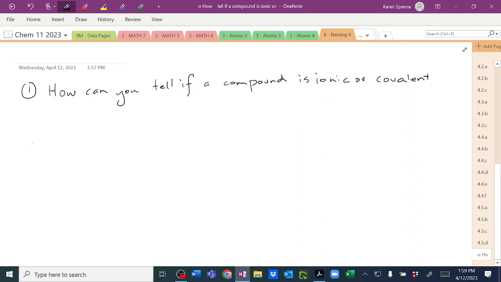Question number 2. What do you do differently to name a covalent compound compared to an ionic compound? And you may or may not remember this.